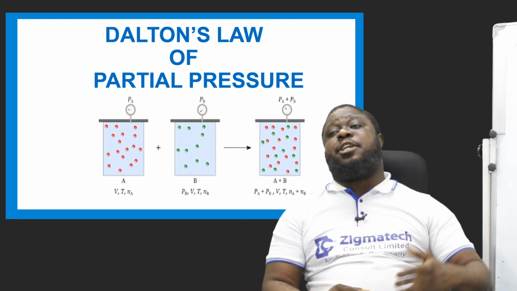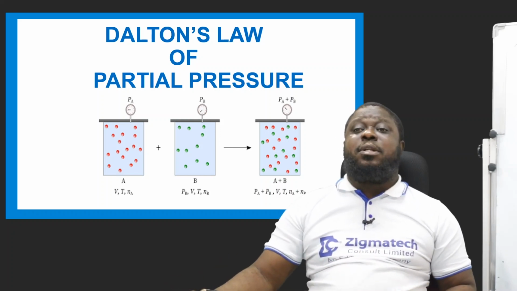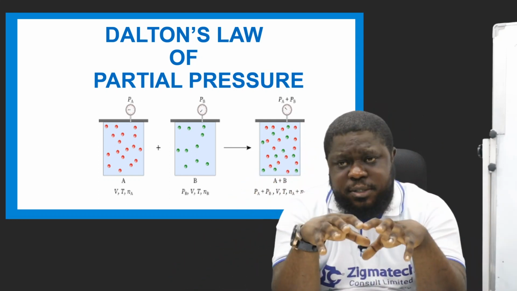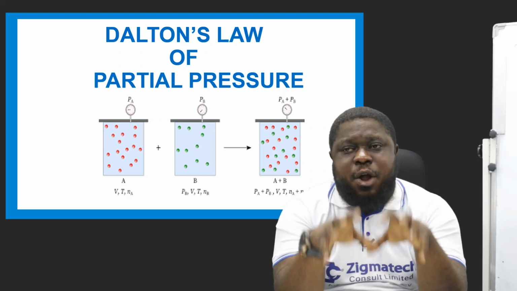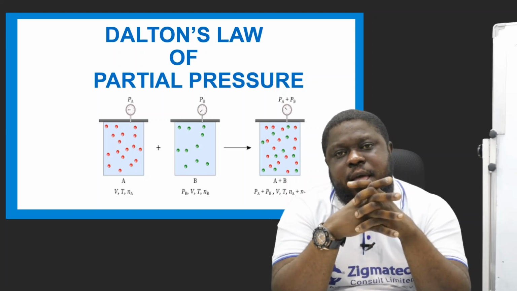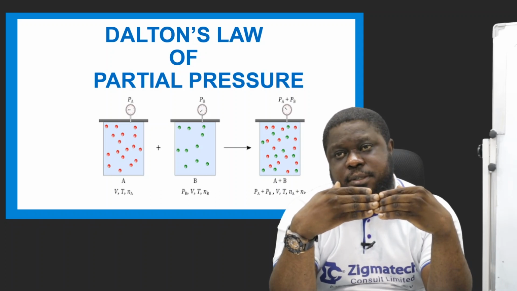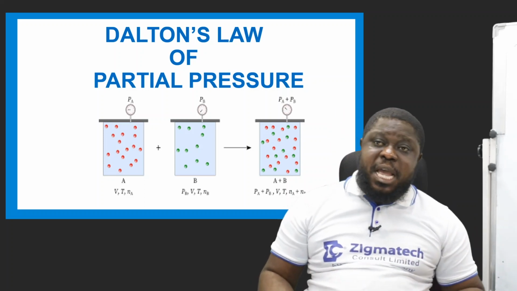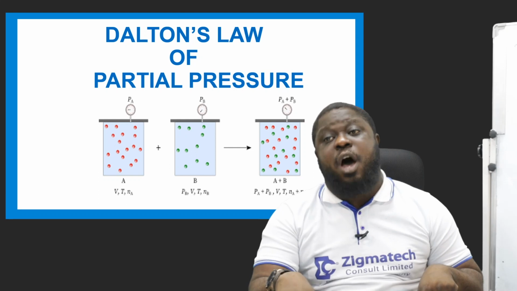He said the pressure of one gas, second gas, third gas, fourth gas, you add all of them, is the total of all the pressures. In essence, if I put oxygen, sulfur, and hydrogen in one particular container and exert a pressure on it, I have to calculate the pressure of hydrogen, the pressure of oxygen, and the pressure of sulfur.